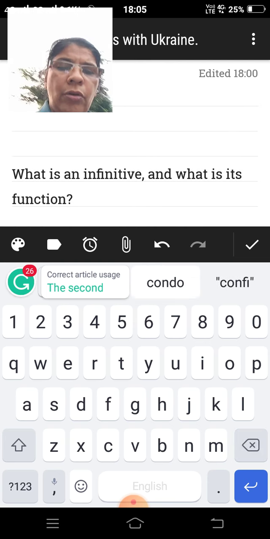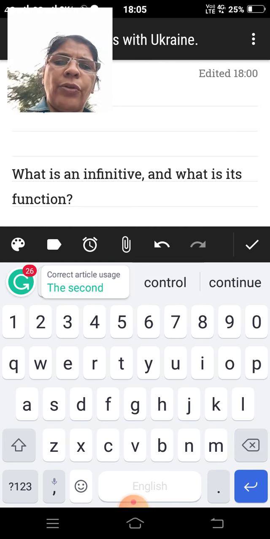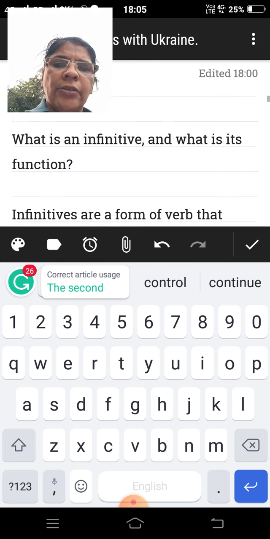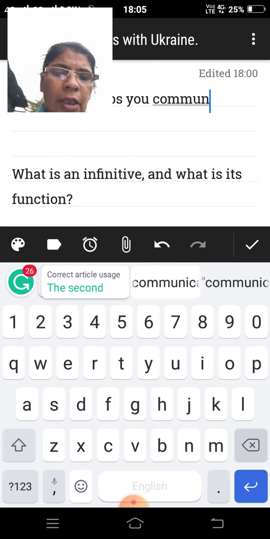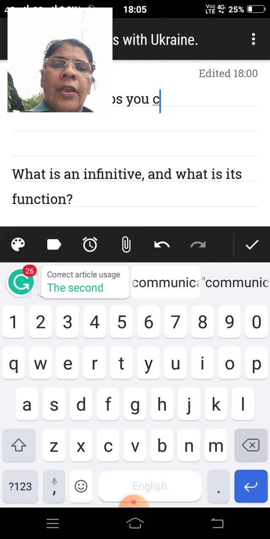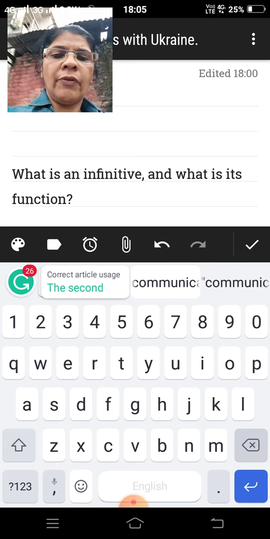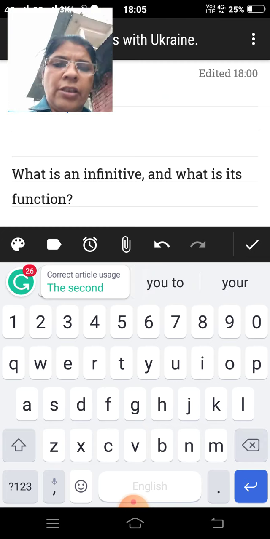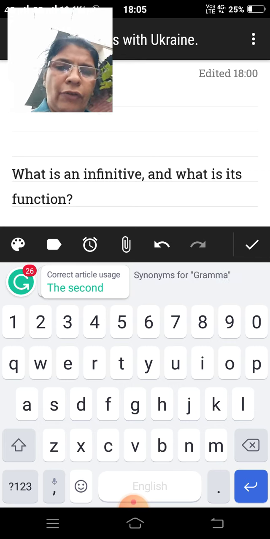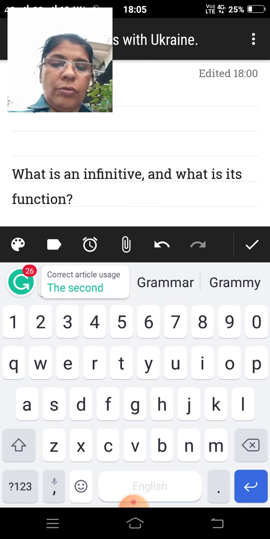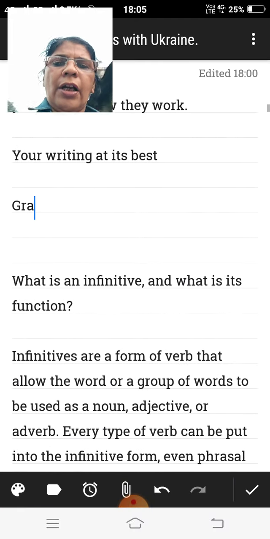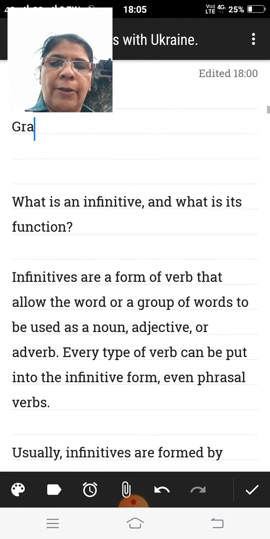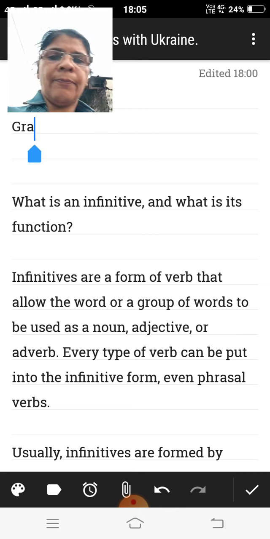So now I explain to you about the infinitive. This is a question: what is an infinitive and what are its functions? These are my notes also. Which are the essential parts for grammar?